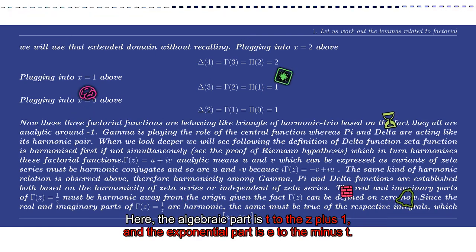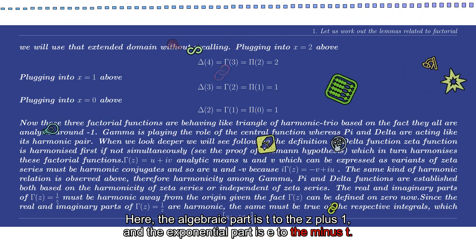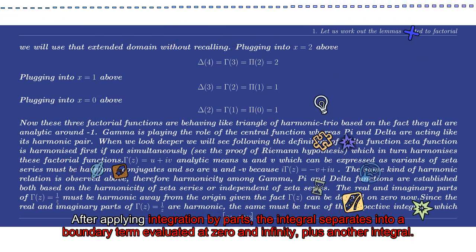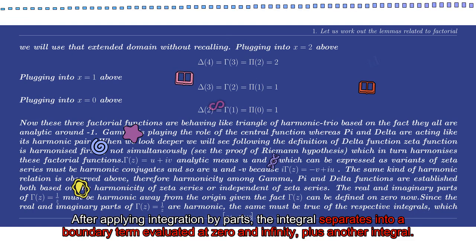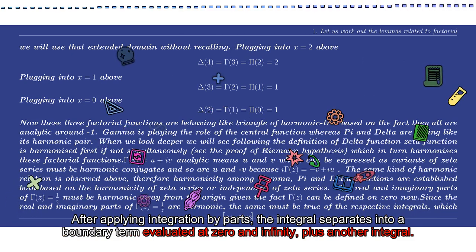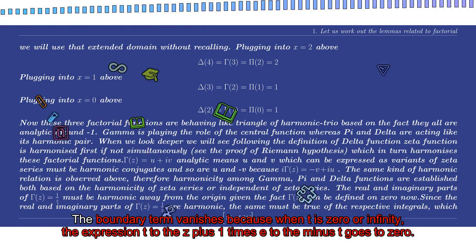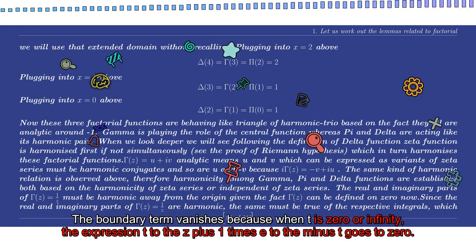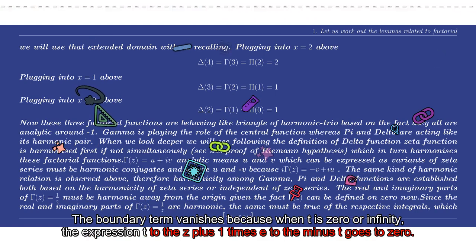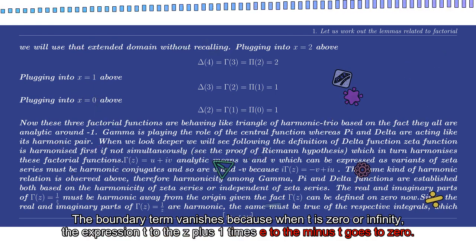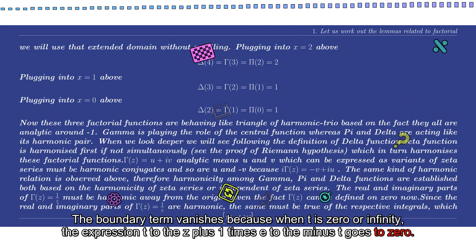Here, the algebraic part is t to the z plus 1, and the exponential part is e to the minus t. After applying integration by parts, the integral separates into a boundary term evaluated at 0 and infinity, plus another integral. The boundary term vanishes because when t is 0 or infinity, the expression t to the z plus 1 times e to the minus t goes to 0.